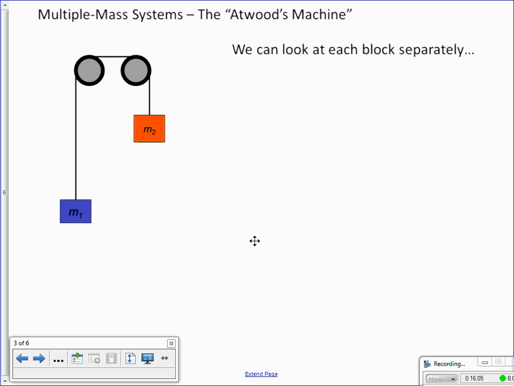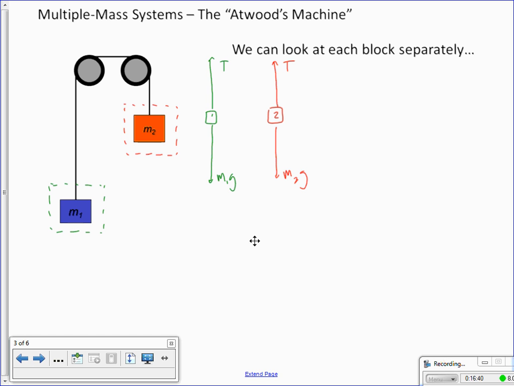All right, so if we look at each block separately, I'll do a free body diagram for M1. So for M1, we have M1g and we have tension. Now for M2, let's see, I'll do it over here. We have M2g and tension.